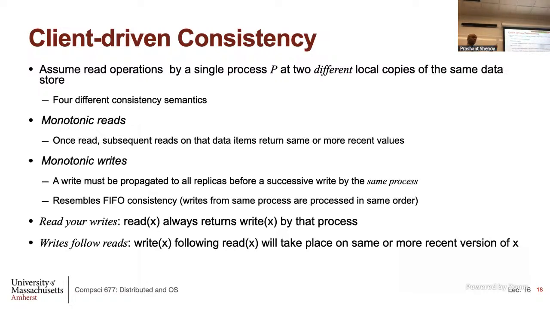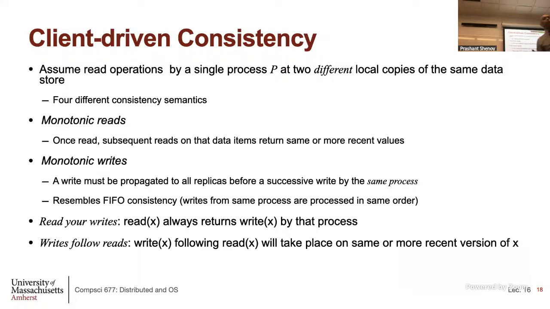This model here is called client-driven consistency. It says rather than thinking about consistency from the perspective of the database or the shared storage, let's think about it from the client perspective. Can we reason about the correctness of what data is being made visible from the perspective of the client? So what does this even mean?